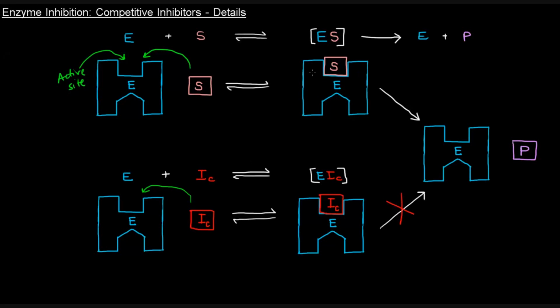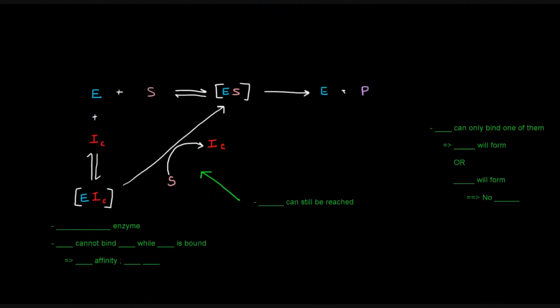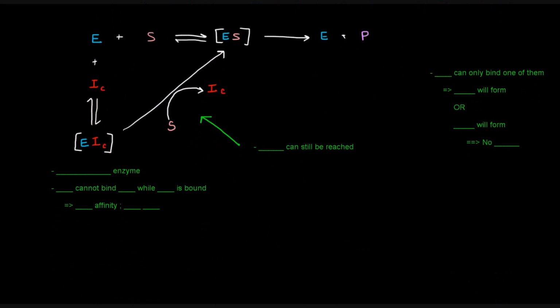Now, because the substrate and the inhibitor both try to bind at the active site, the enzyme can only bind one or the other. So the competitive inhibitor can only bind free enzyme. So let's look at this a little bit differently. The enzyme can only bind one of them. So either the enzyme-substrate complex will form, or the enzyme-competitive inhibitor complex will form.